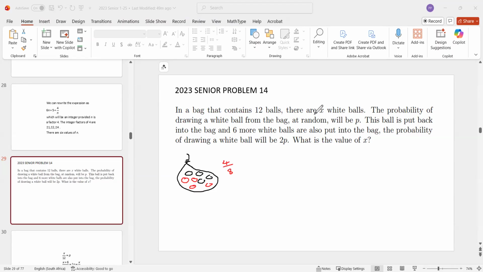So in this case, we are told that there are X white balls and there are 12 balls altogether. So what is the probability of drawing a white ball if there are X white balls?